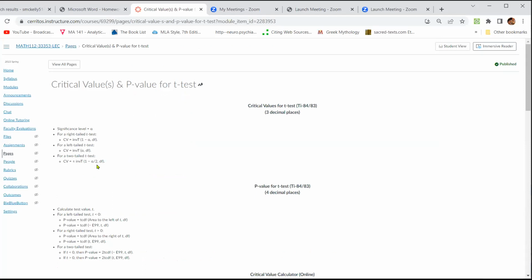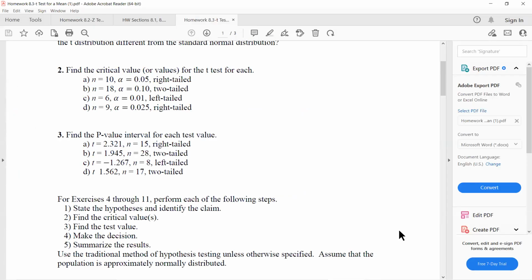So for a right tail, we're looking at the top right here. Inverse T, 1 minus alpha and DF. Okay. And alpha was 0.025 and N is 9. So it's going to look like this.